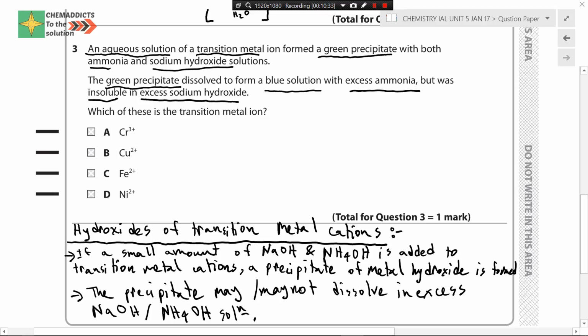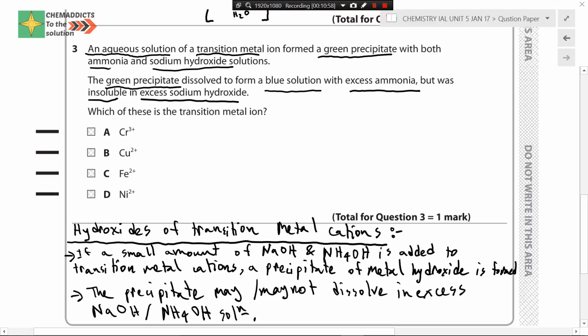So now let's see who gives this. Okay, so now let us recall what happens with chromium 3 plus ion. What will this chromium 3 plus ion give with excess ammonia and excess sodium hydroxide solution?